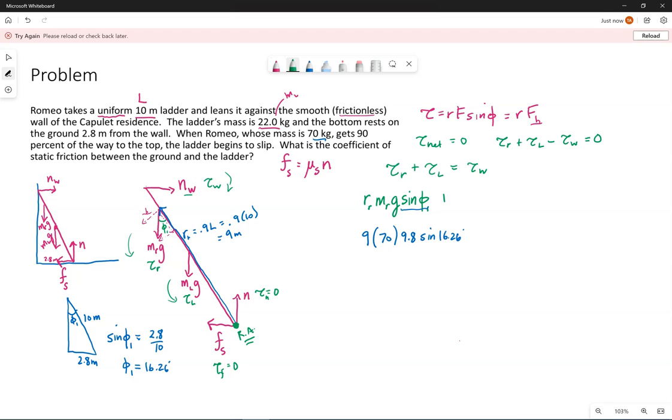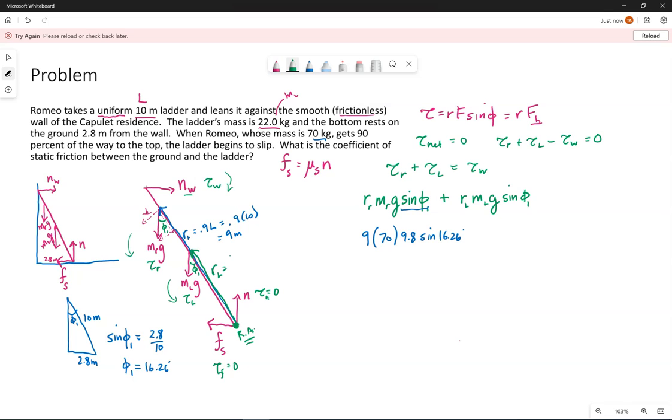Okay, so the torque due to the ladder itself, similarly, is the R, the lever arm from the rotation axis out to the ladder, times the mg of the ladder itself, and then sine of the angle between the ladder and mg, which is going to be the same as it was for Romeo, because we have the same setup. Now, R points from the rotation axis up to where the force is applied.